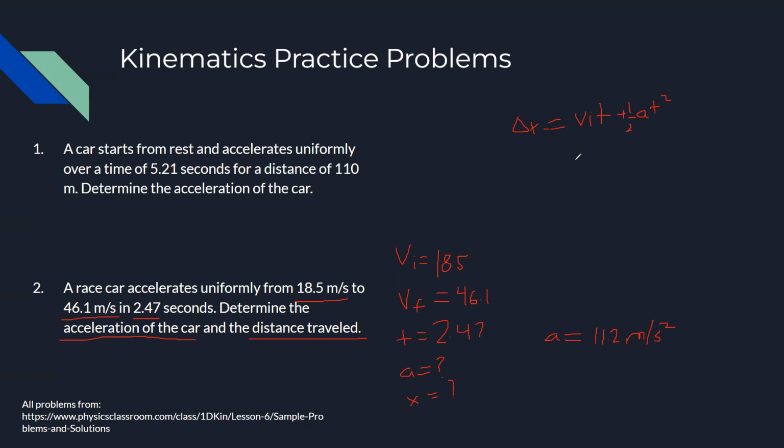So v initial t is basically 18.5 times 2.47 plus 1/2 times 11.2, the acceleration, multiplied by 2.47 squared.